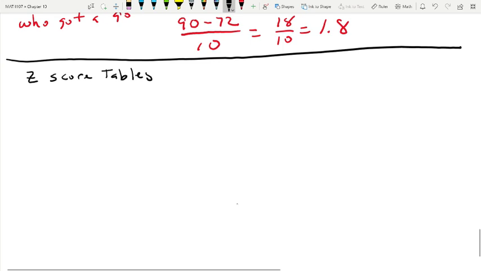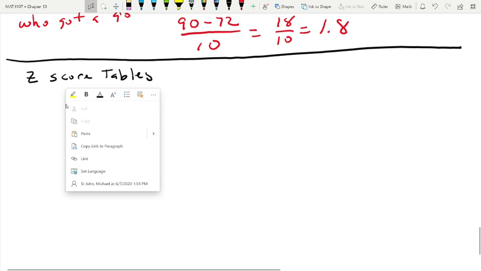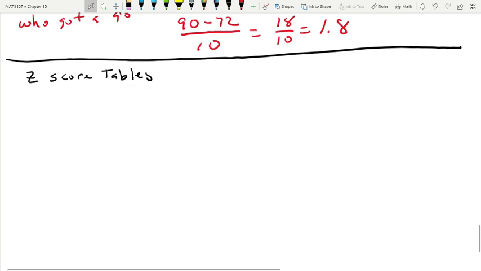And so let's pull. Let's see. Let me see here. Can I copy this?